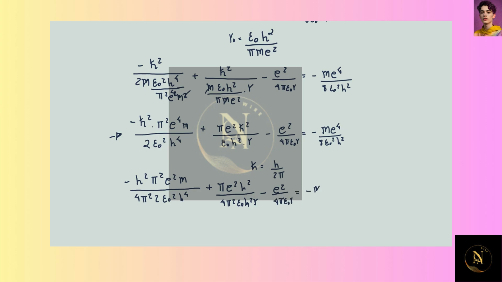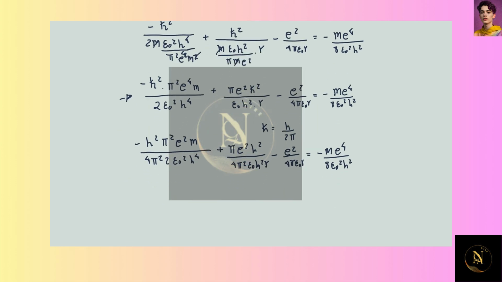This is equal to minus m e to the 4th divided by 8 epsilon 0 squared h squared.